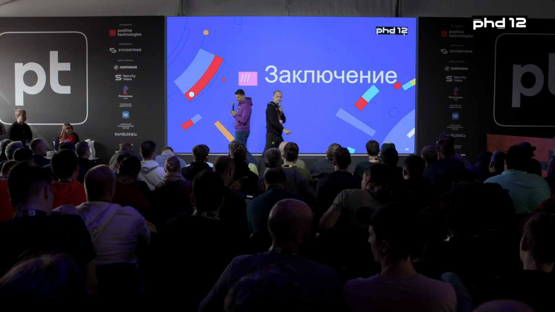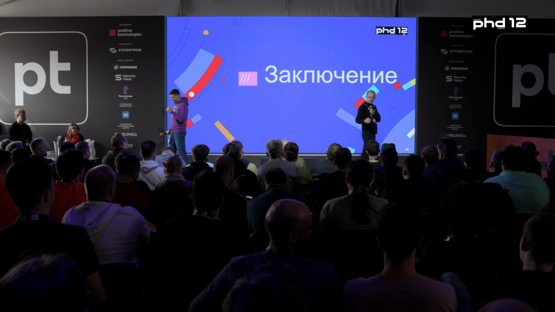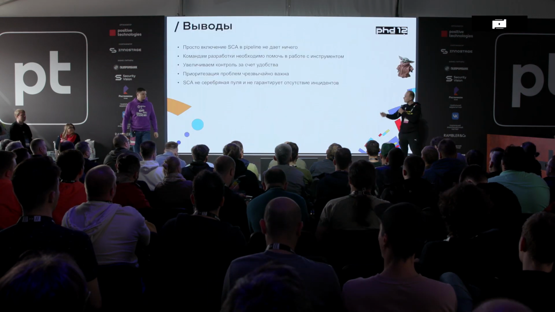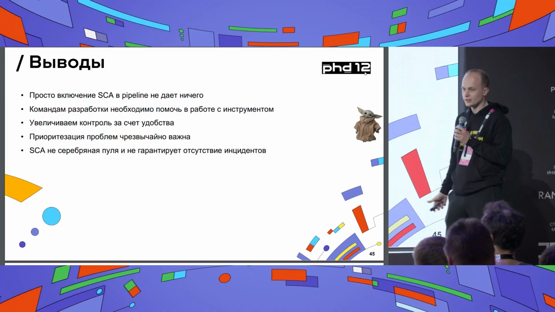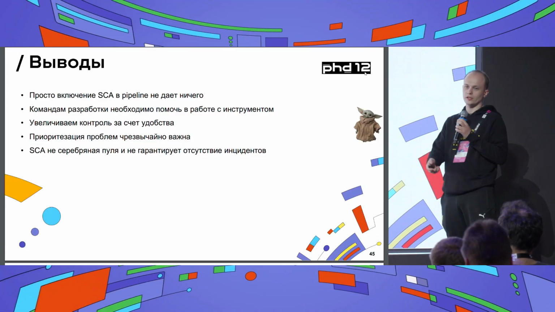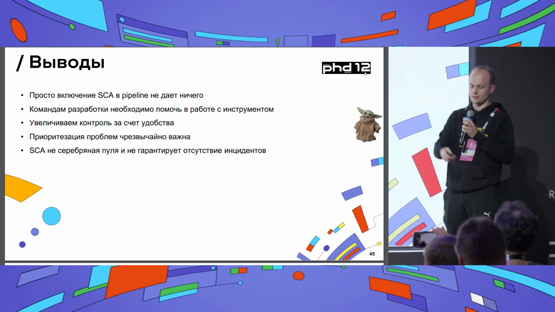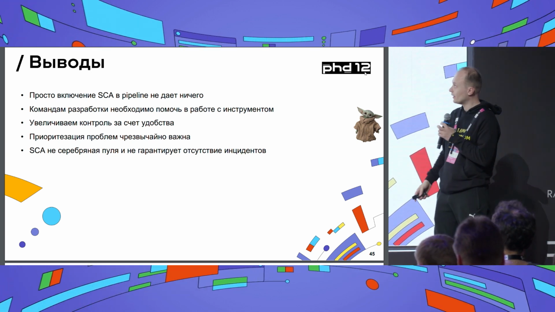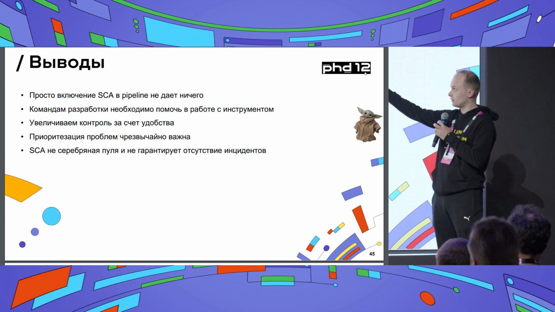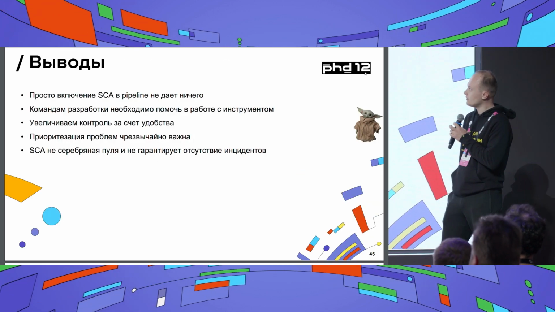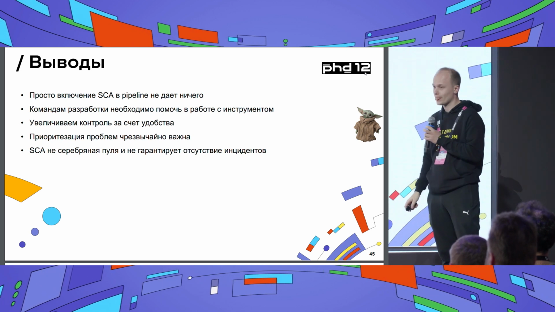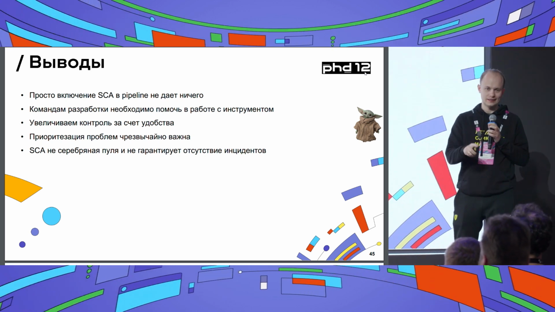Now we are coming to an end. So we are at level 5. Now, what kind of conclusions can we make? What was the title? To make you understand the methodology, how we can grow from one maturity level to the other. The simple inclusion of SCA into your pipeline doesn't give you anything.